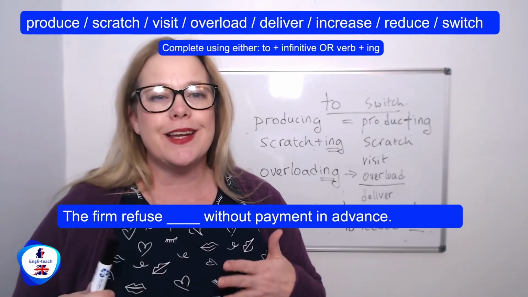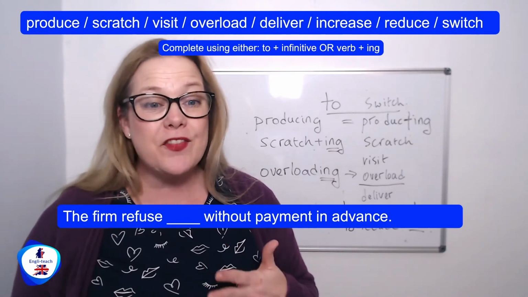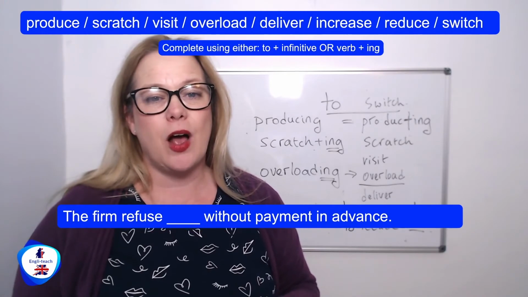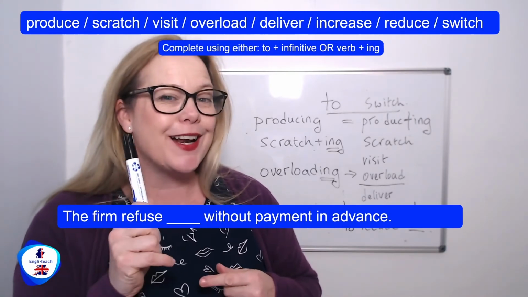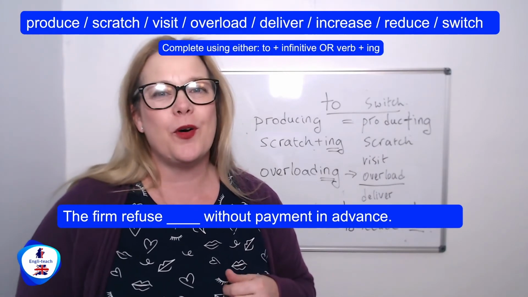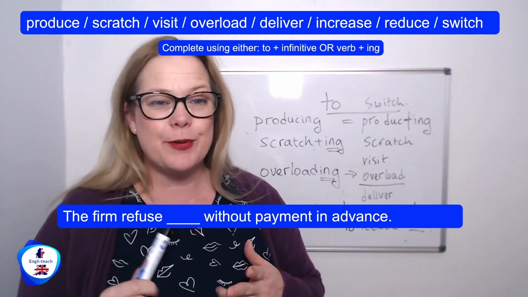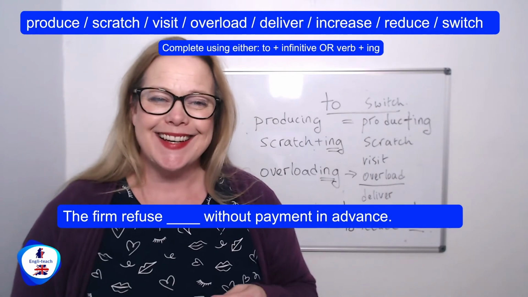So payment in advance is that you pay for something before you get the product, gave you a little clue there, or before the product is shipped or something like that.